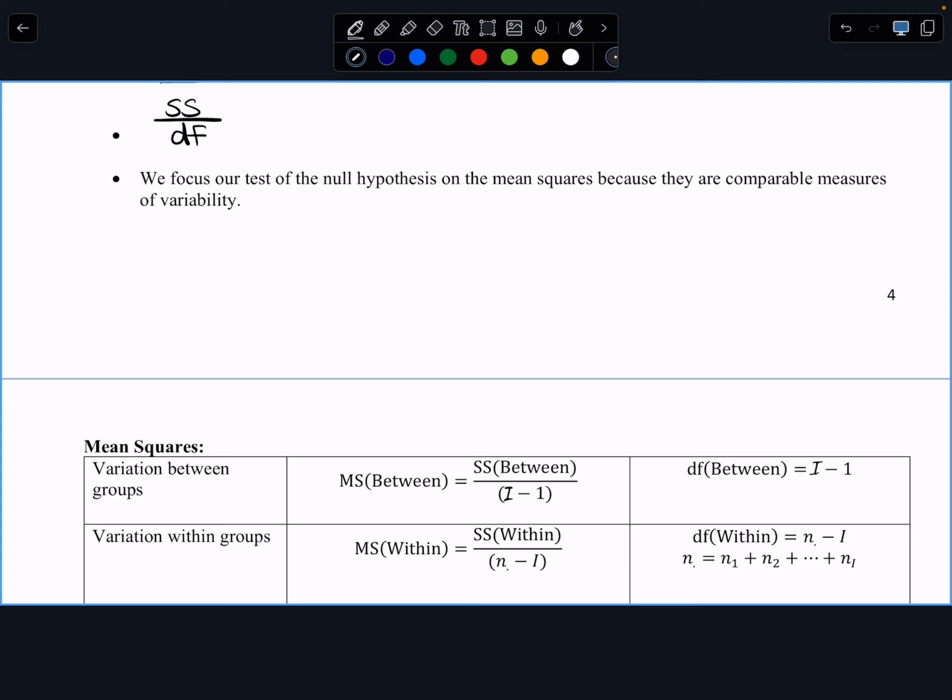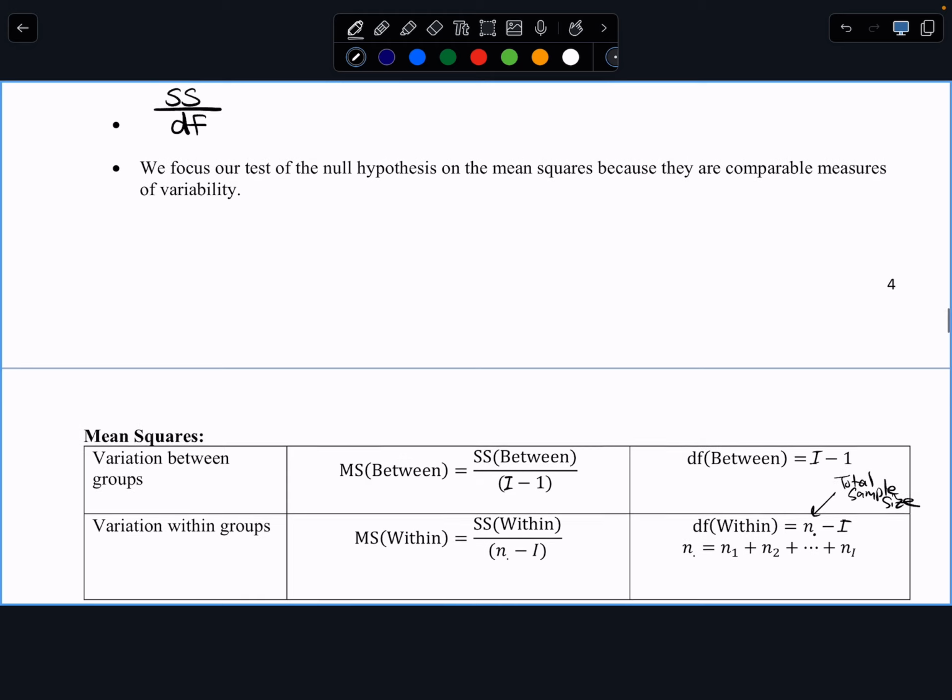Our degrees of freedom within groups, here's some more notation, is N with a subscript of a dot. That just means the total sample size across all groups.